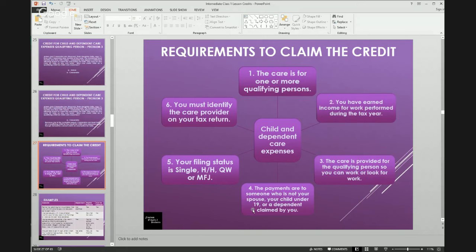The payments are to someone who is not your spouse and not your child under 19 or another dependent claimed by you. Your filing status may be single, head of household, qualifying widower, or married filing jointly. And you must identify the care provider on your tax return. You can't just claim the credit without identifying who the care provider is on your tax return.